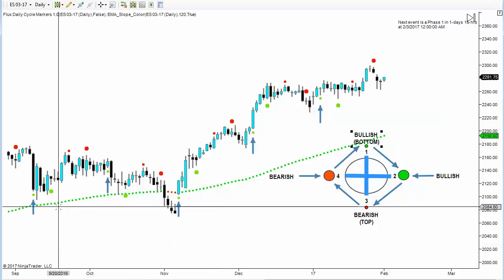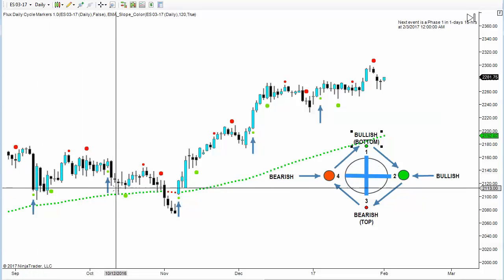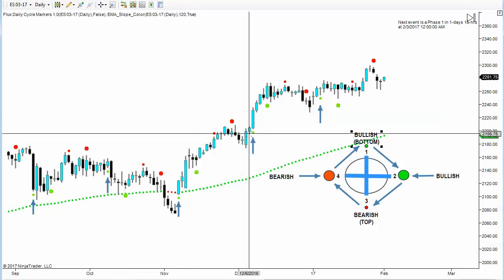You're, in a very real way, observing a living, breathing creature. But the creature in this case is the markets.